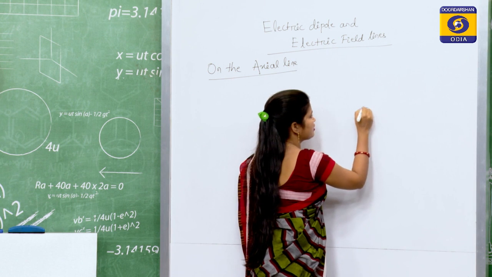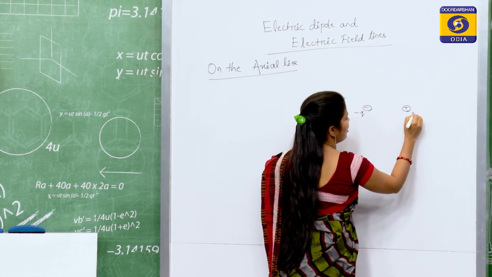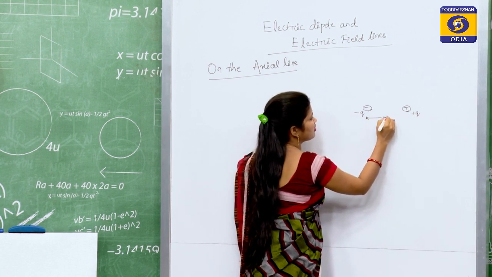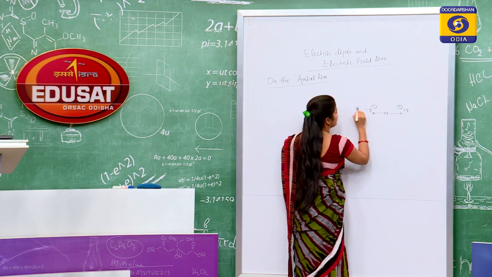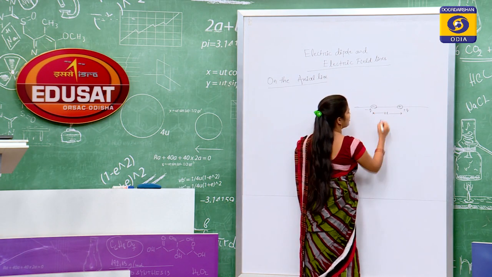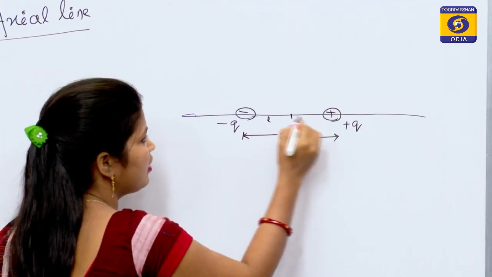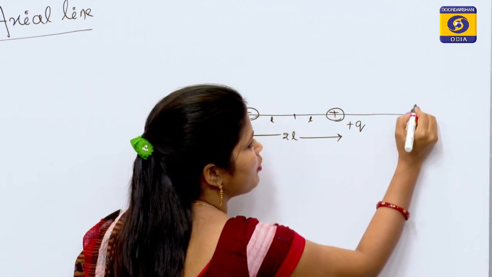Two point charges having the same magnitude, minus q and plus q, separated by a distance 2L. This is the dipole axis, the center of the dipole, this is L and this is also L. This is the point of observation P.